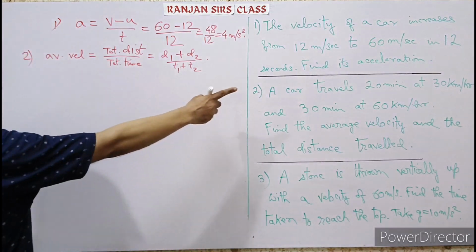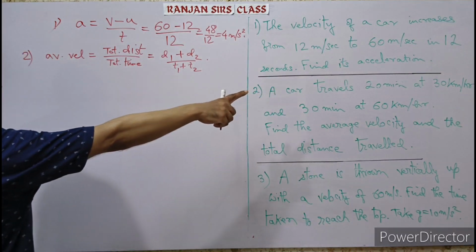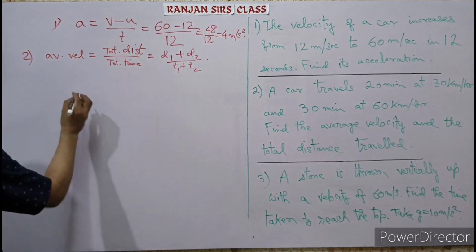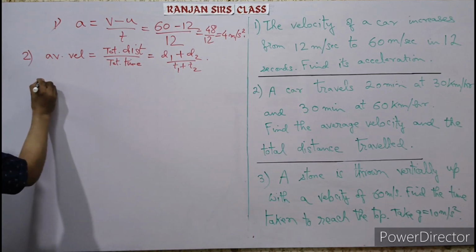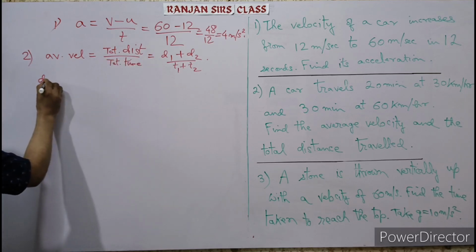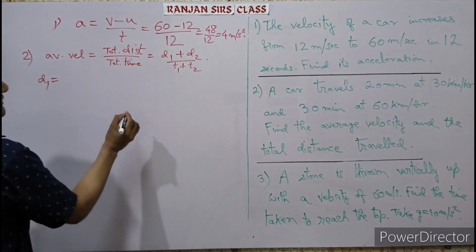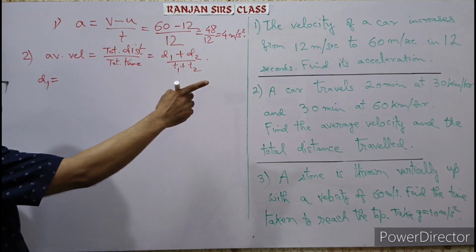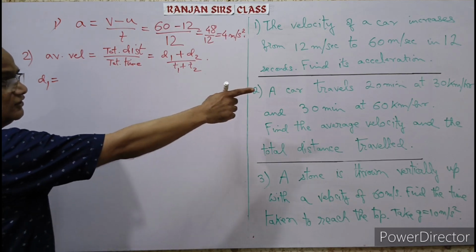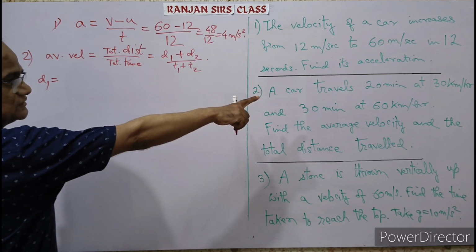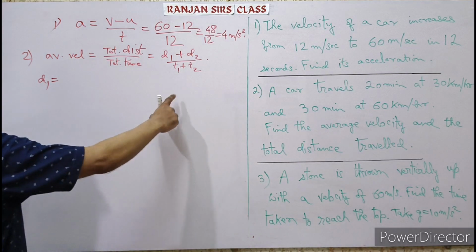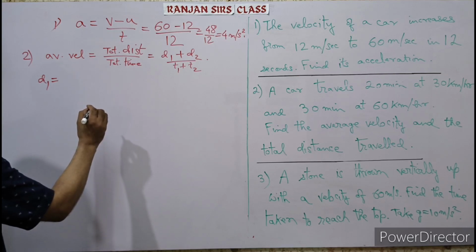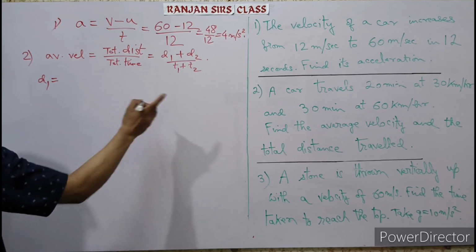Now it traveled 20 minutes at 30 kilometers per hour. So what was the distance traveled in the first part of the journey? That is d1, isn't it? Now we will calculate d1. d1 is velocity into time. But velocity is given in kilometers per hour, so the time also we will convert into hours. 20 minutes is equal to 1 by 3 hours, 20 divided by 60.